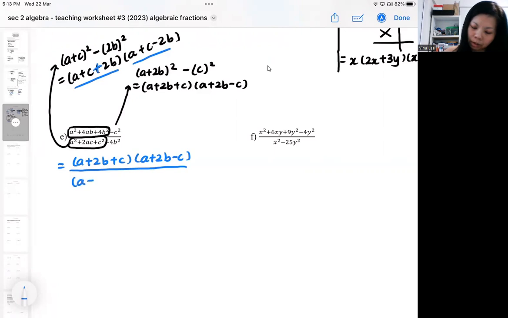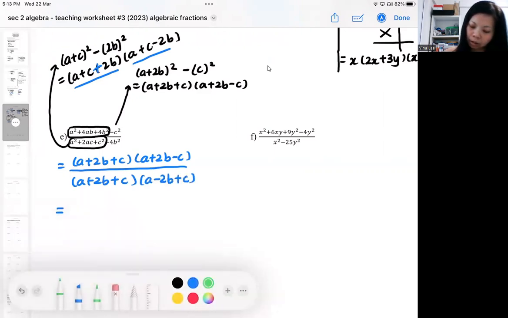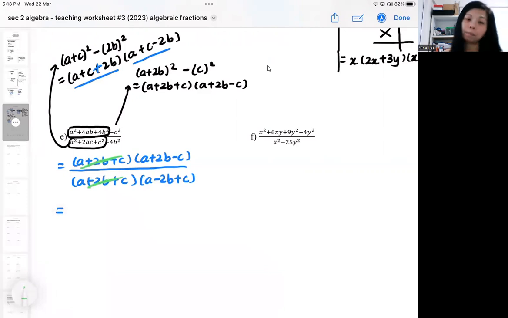So I'm organizing the ABC, so that I can see that this is the one to be cancelled, and I'm left with the numerator and I'm left with the denominator.